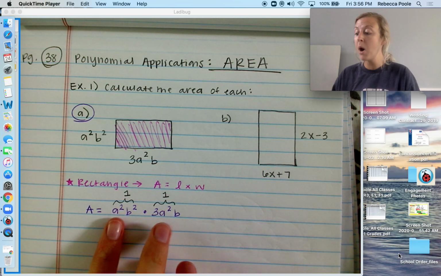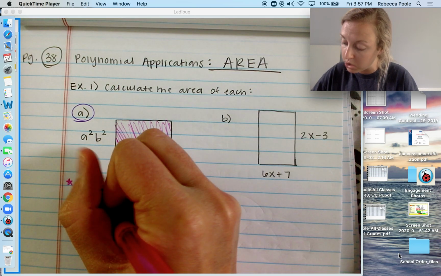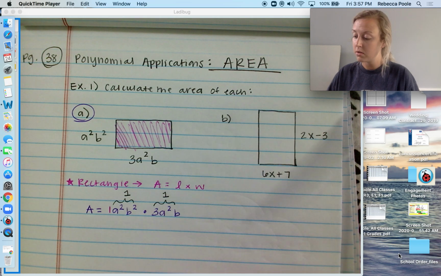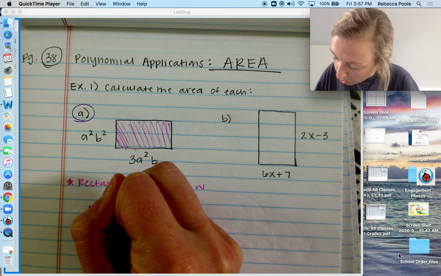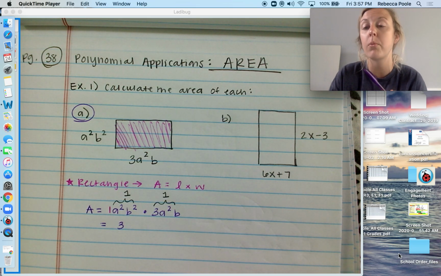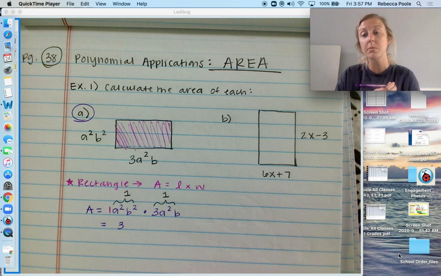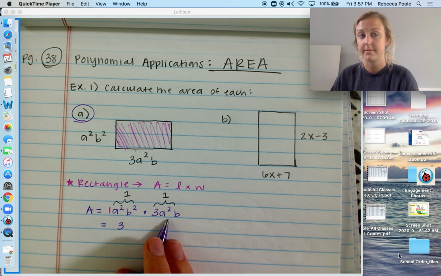So when I'm multiplying, you guys know that we do multiply the numbers. This is an understood one, right? So 1 times 3 is going to equal 3. But hopefully you remember that we can't multiply the exponents. So when we're multiplying, what do I do with my exponents? This goes back like 3 weeks ago.